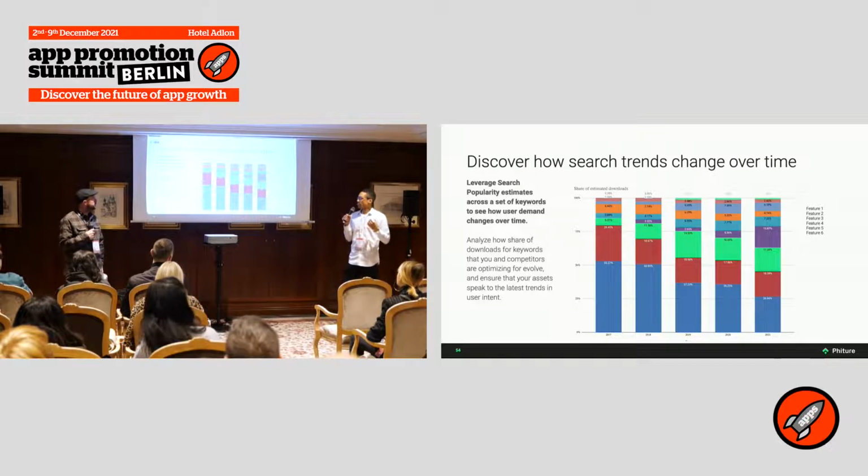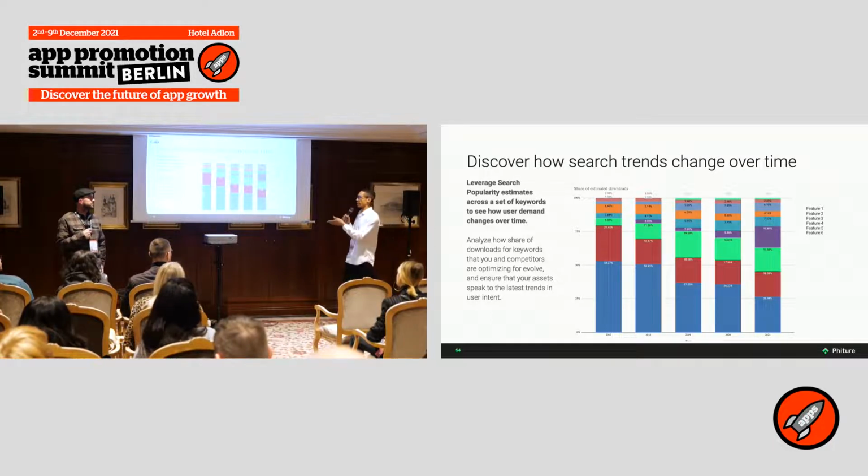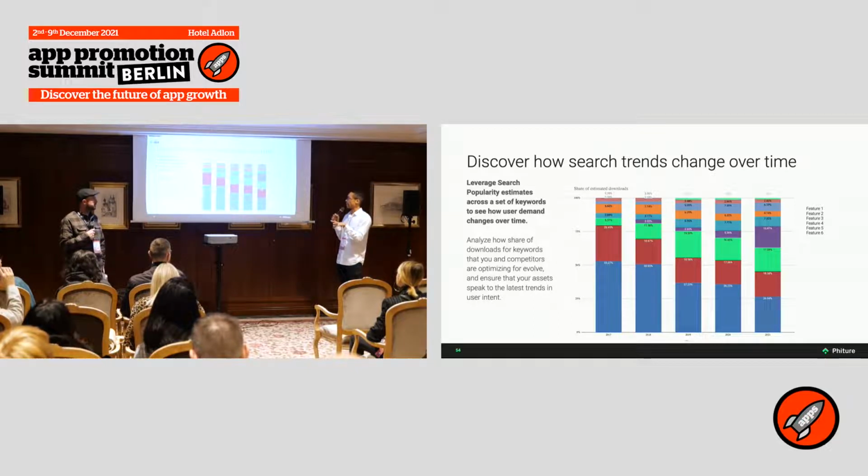For this particular app, these were the most important top features driving the most searches and downloads in 2017. However, you can see that the share going towards those 2 features significantly declines over the years, and share is being taken and captured by features 3 and 4 in the purple and green here.